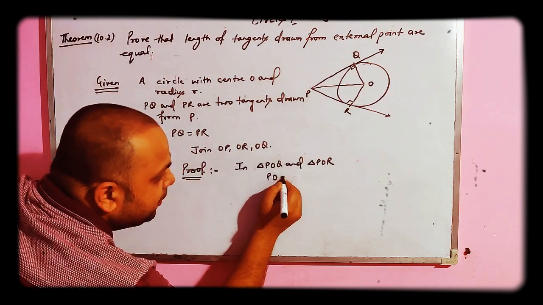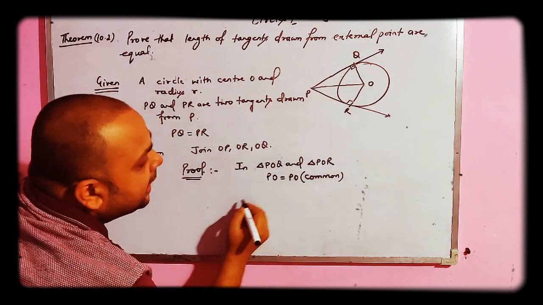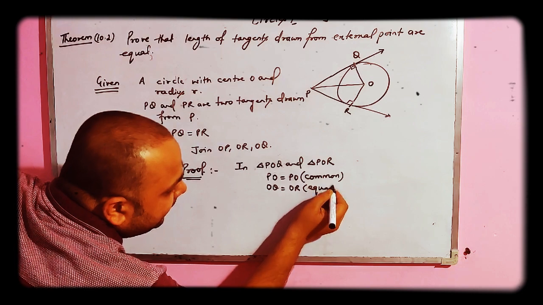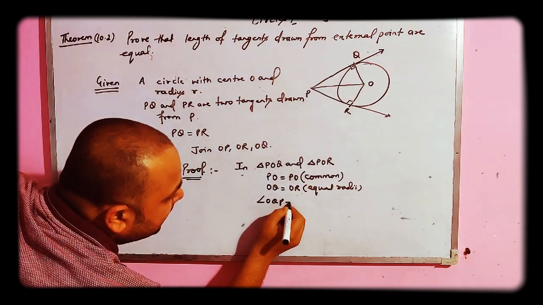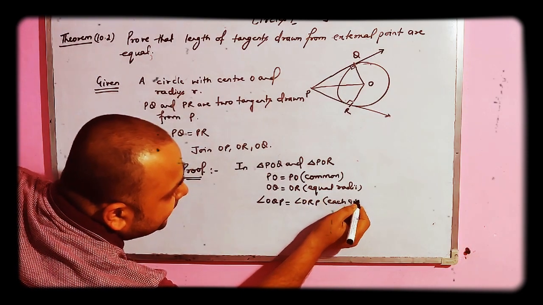The first thing is PO equal to PO, common. Then OQ equal to OR, equal radii. And also angle OQP is equal to angle ORP, each 90 degrees.